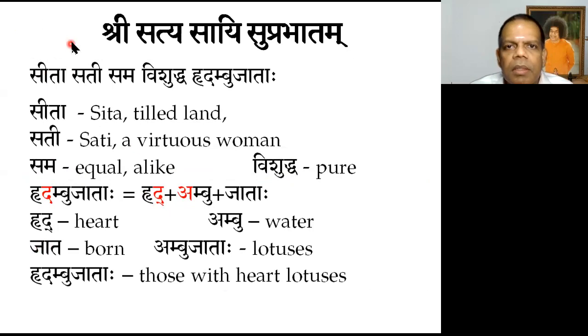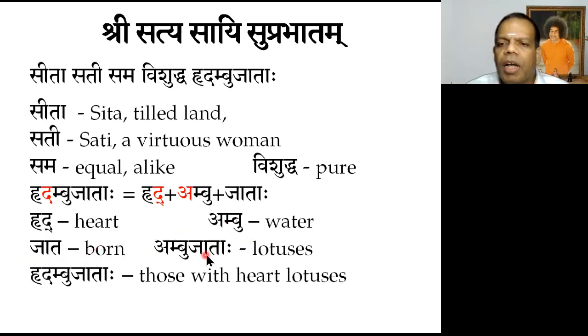So this Hrid, it is heart. Hridaya also comes from this word only, Hrid. Swami says Hridaya means the heart which is with compassion is called Hridaya. Okay, according to Swami. So Hrid is heart. Ambu means water. Jata is to be born, something born from water.